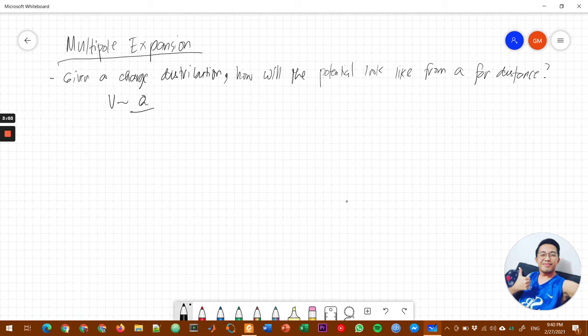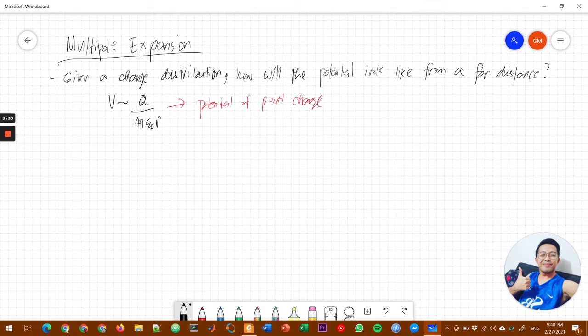Approximately it is given by this formula. That's a very familiar formula, because this is the potential of a point charge, right?